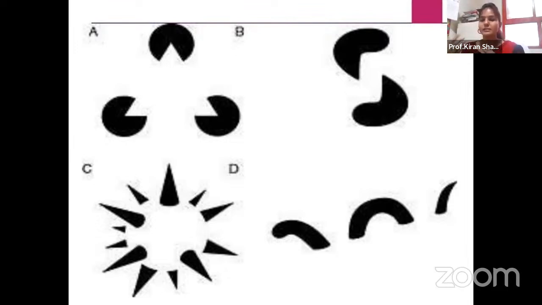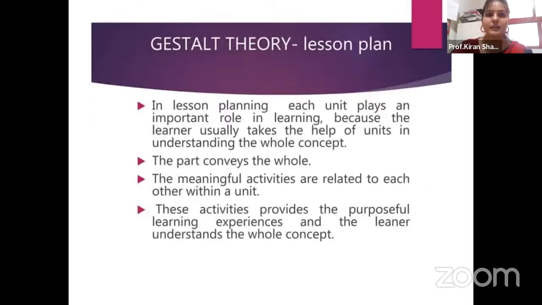If a particular course comprises 15 units and we studied only 5 units, it means we have not accomplished the whole goal, or we have not got the whole concept of that particular course or subject. So a lesson plan is basically based on Gestalt theory.